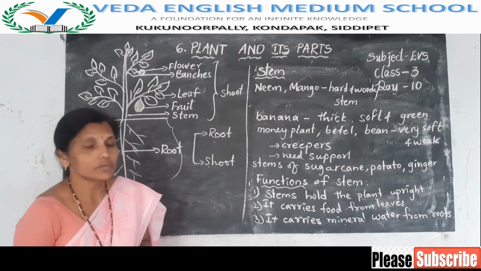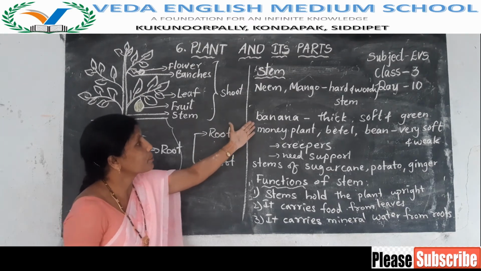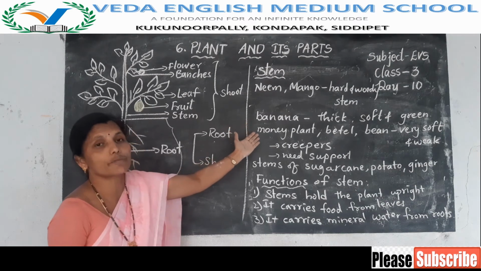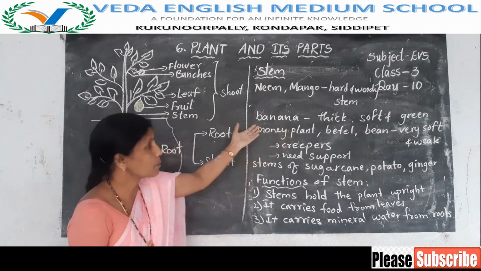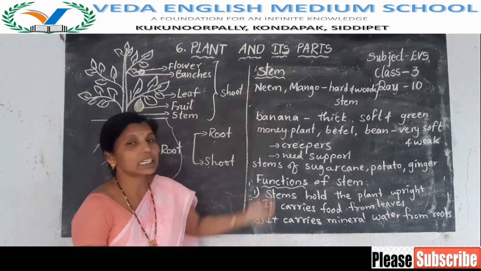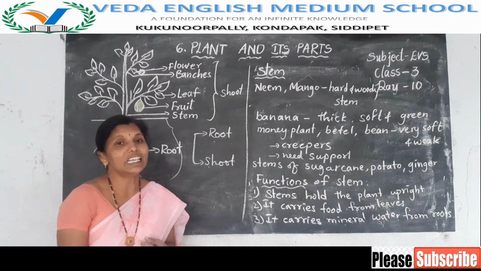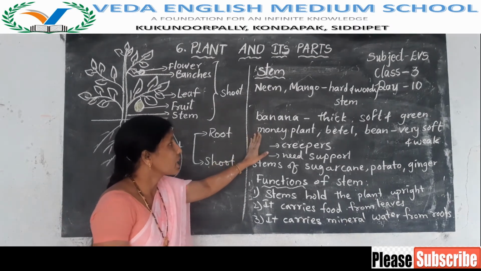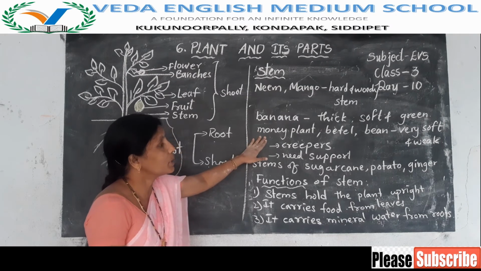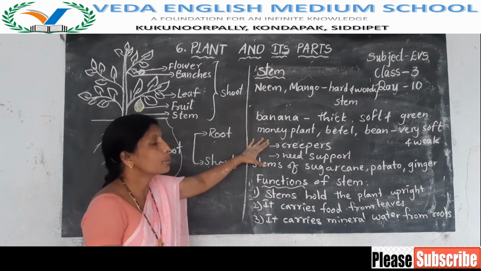Okay, children. The stem of banana is very thick, soft and green, but it bears leaves. Next, money plant, betel, bean and pea plants.